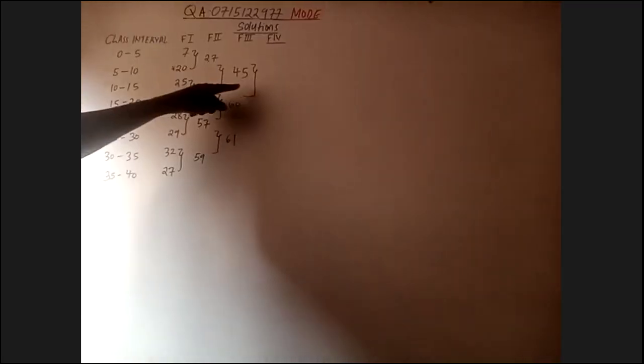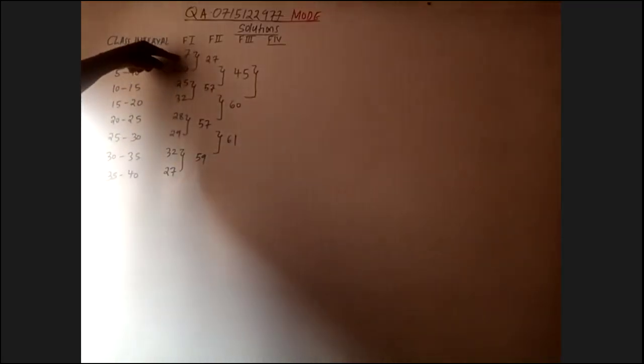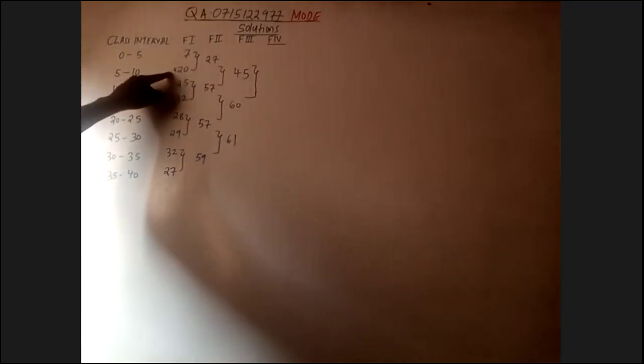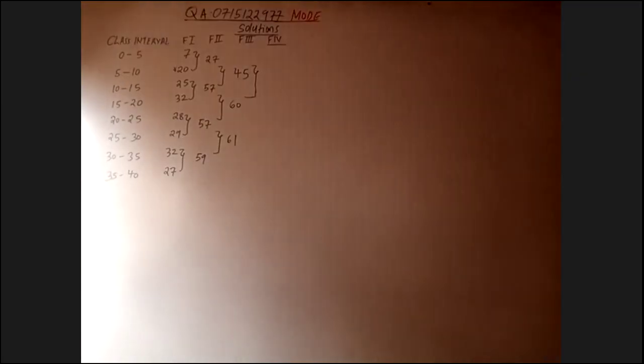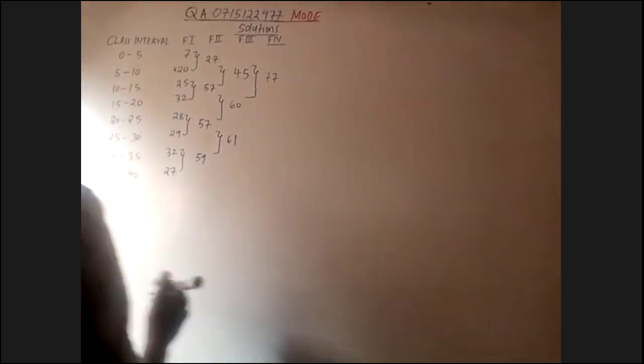So tunachukua tatu but we ignore the first one. Inakuwa ni 20 plus 25 plus 32. Inakuja ngapi? 77. Haya.